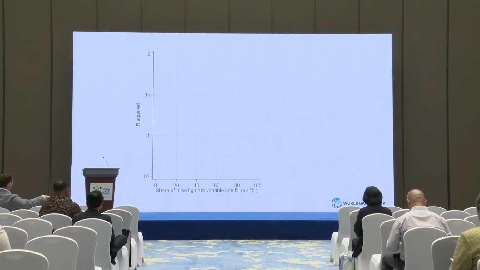So we have this trade-off between how well we can use some data to predict distributions versus how many countries we can actually fill the gaps for using these data points. That's what we have on the x-axis, and ideally we want to be as far to the right as possible, such that we have a method that we can apply to all the countries where we don't have any distributional data at all.